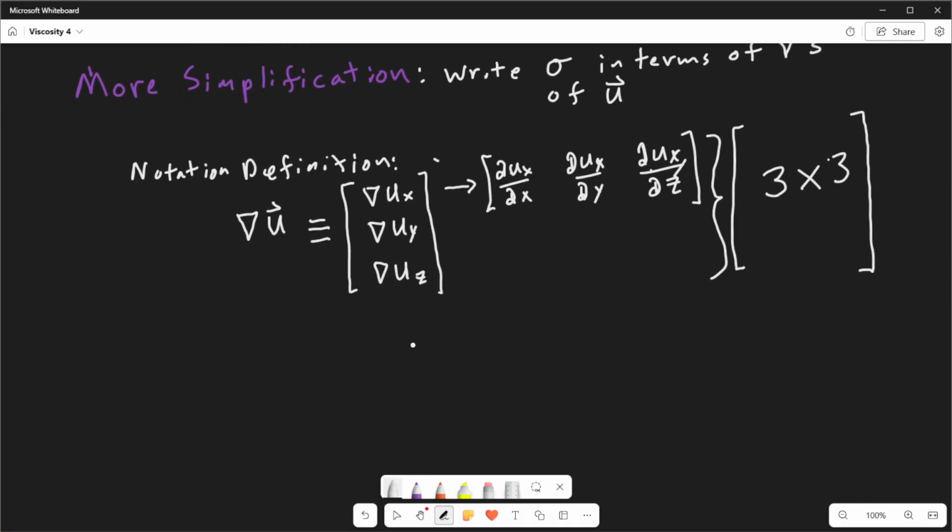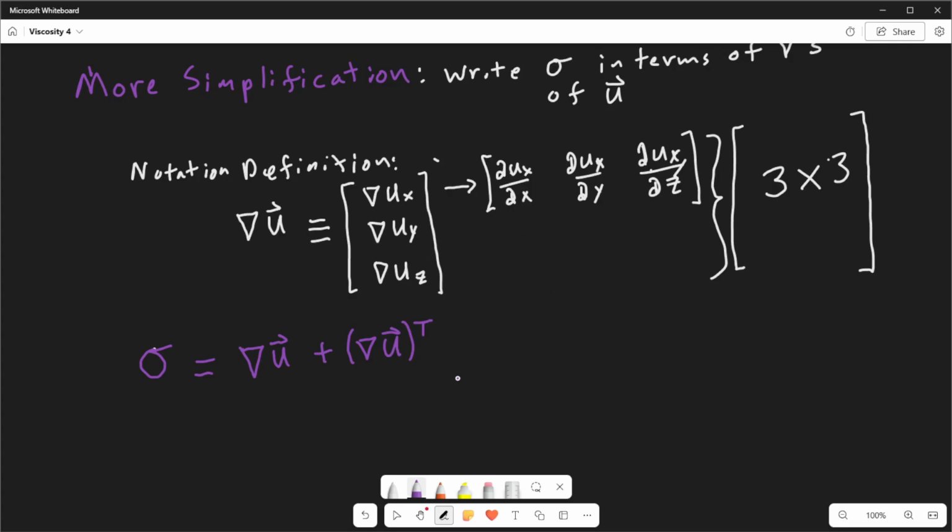So using that definition, it turns out that sigma, which was defined earlier, can be shown to be equal to the gradient of the u vector plus the gradient of the u vector transpose.